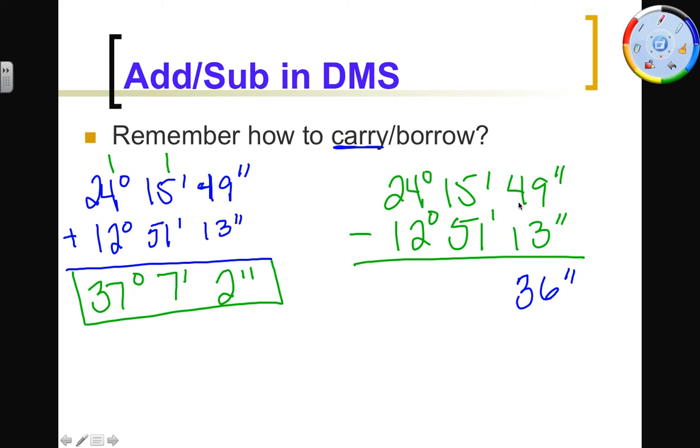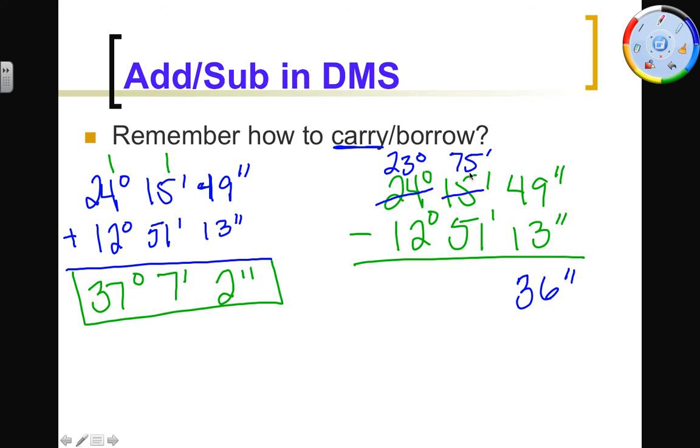Now here's the problem. 15 minus 51 would come out negative. So I need to borrow. I need to borrow 1 minute, or sorry, 1 degree. And 1 degree is worth 60 minutes. So this becomes a 75.